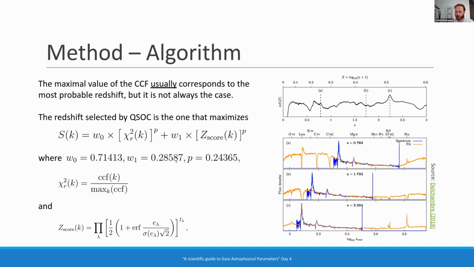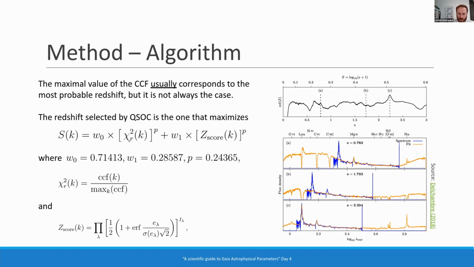These parameters are derived using a global optimization procedure, but I will not enter into the detail. I will rather concentrate on the chi-square ratio here and the z-score.